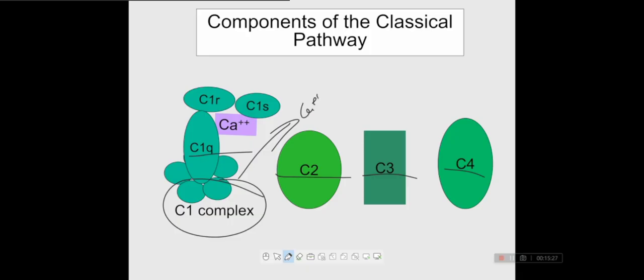Calcium ion, C1S, C1R and C1Q. Remember this. So the components required in the classical pathway are the C1 complex, C2, C3 and C4.